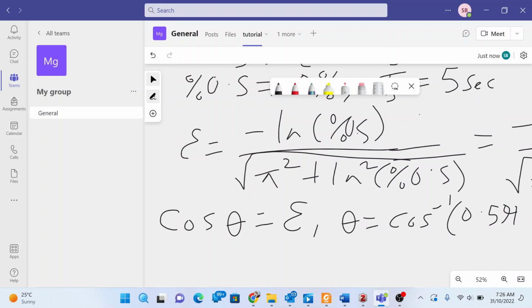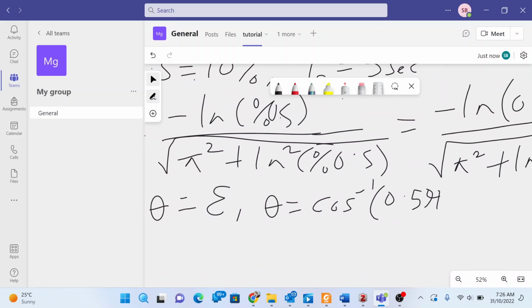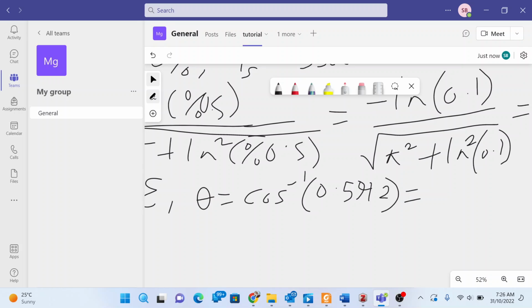If we solve this, we are going to get our theta to be equal to 53.76 degrees. So we have obtained our theta.